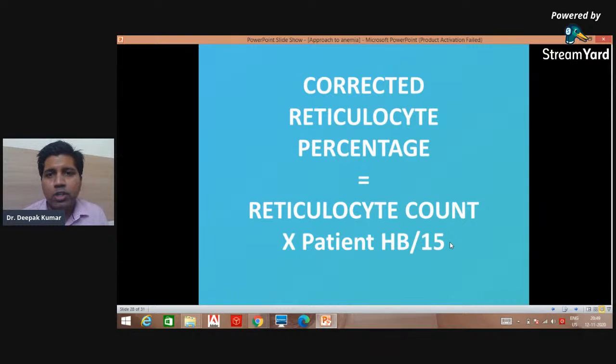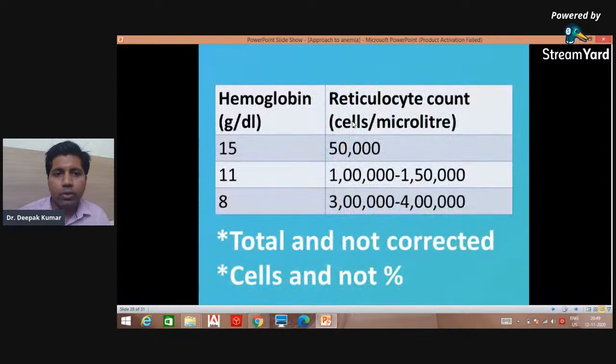Basically it is the same, just using the first correction for the hemoglobin of the patient. That will give you the corrected reticulocyte percentage. This is not the corrected reticulocyte count. Students very often get confused between corrected reticulocyte count and corrected reticulocyte percentage and struggle, so I'm just differentiating that for you.